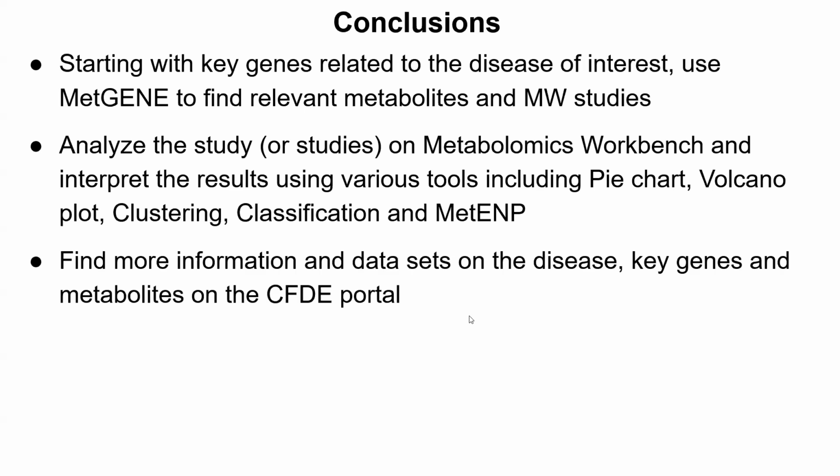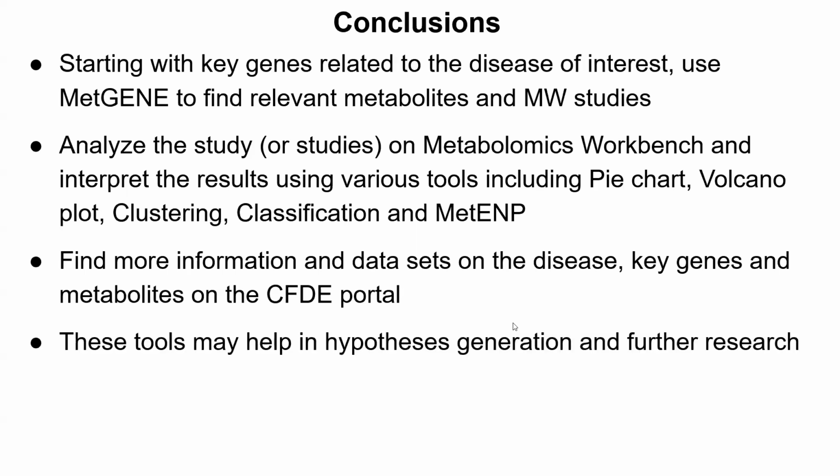One can go to the CFDE portal and find more information related to the disease terms, key genes, and metabolites. So these tools essentially may help in hypothesis generation and further research by providing pointers in the right direction based on the results and interpretations they are able to provide.